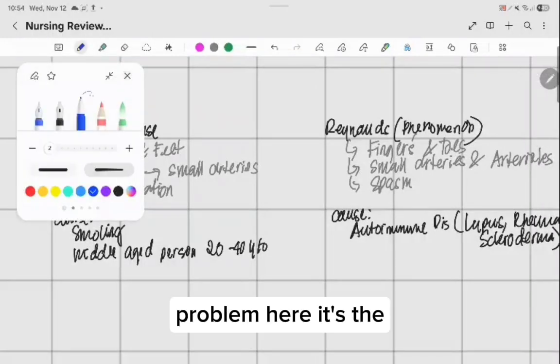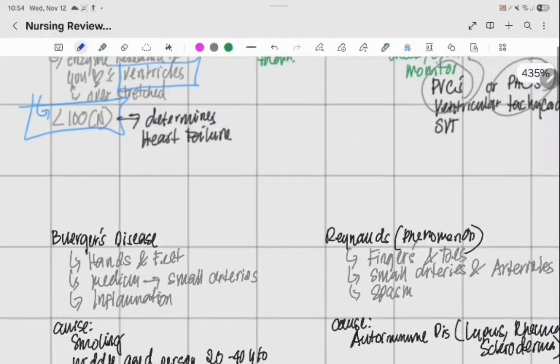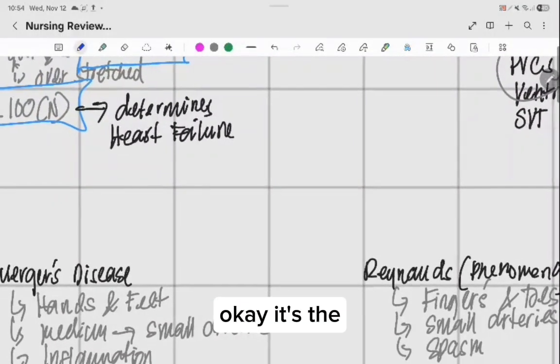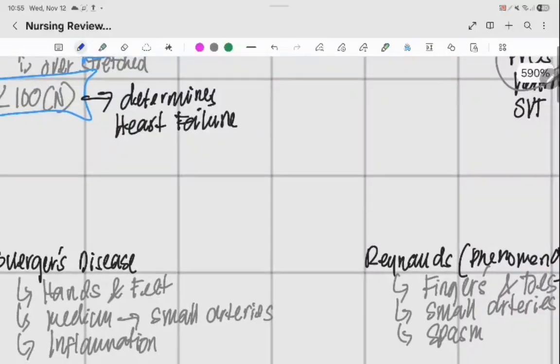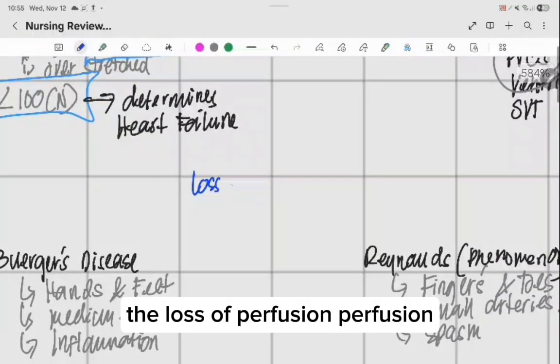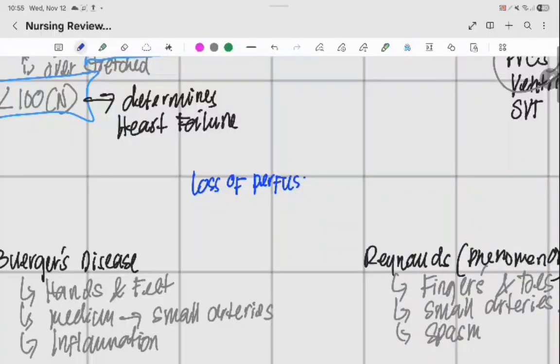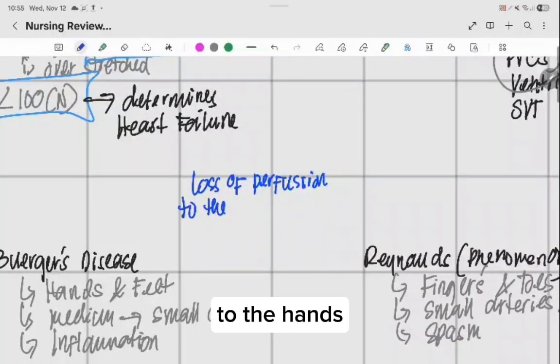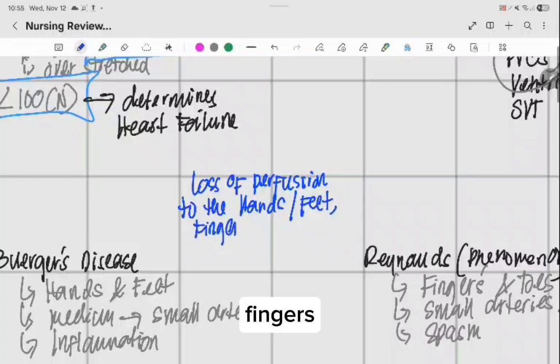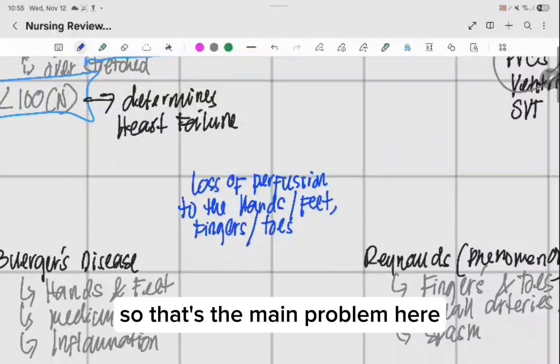It's the loss of perfusion to the hands, feet, fingers, and toes. So that's the main problem here.